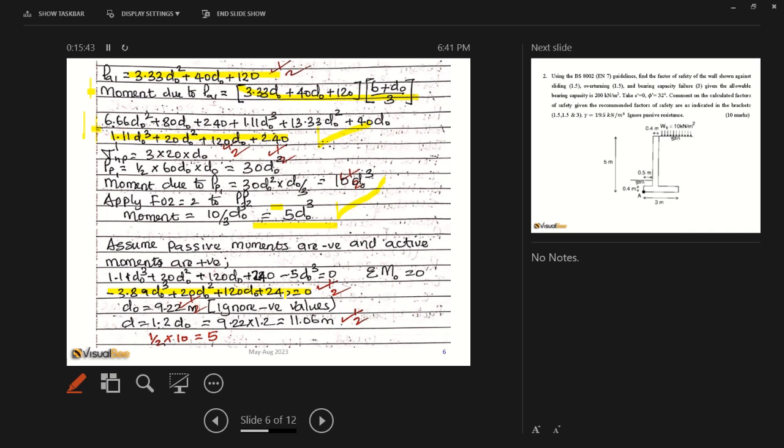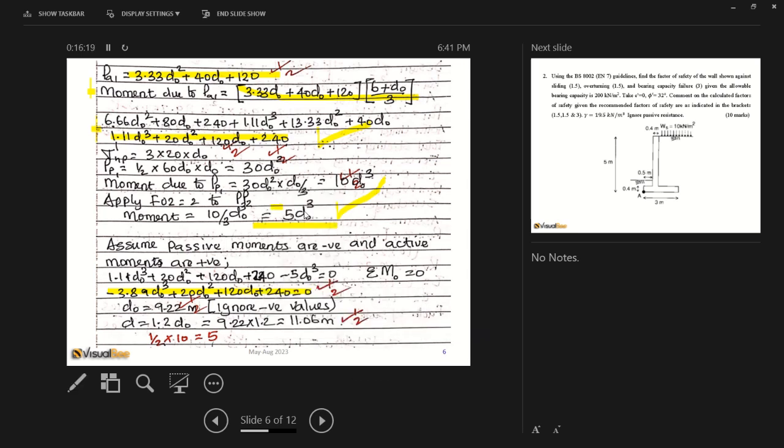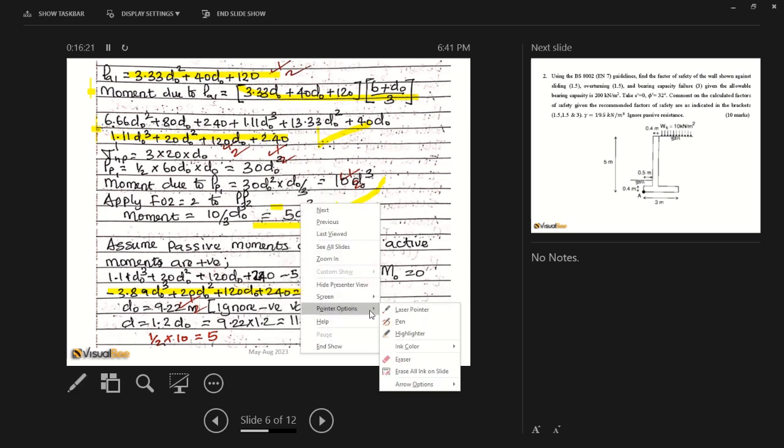So again you solve d not as 9.22, and then find d as 1.2 times d not, which is 11.06. And notice the differences between when we use the CP2 method and the BS8002 method.